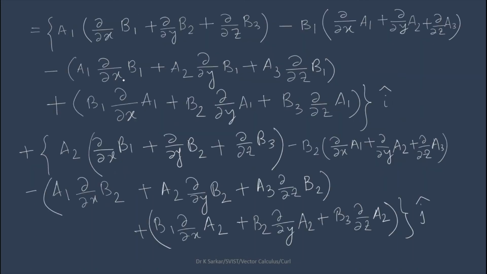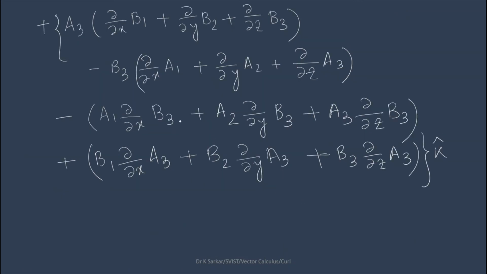Okay. Next, minus A1 ∂x B1 + A2 ∂y B1 + A3 ∂z B1. So here also minus A1 ∂x B2 + A2 ∂y B2 + A3 ∂z B2. And here minus A1 ∂x B3 + A2 ∂y B3 + A3 ∂z B3.